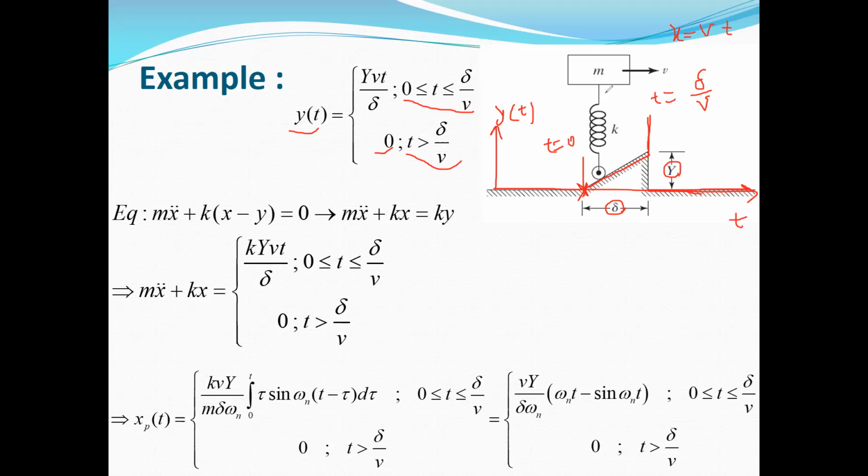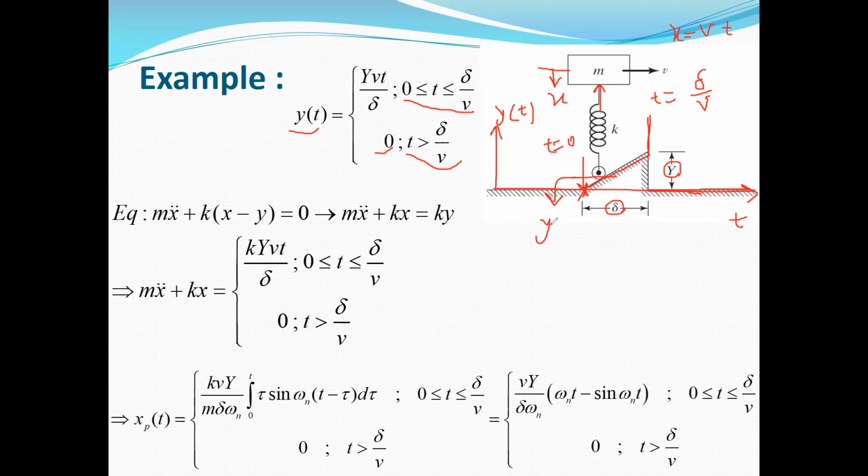If you use Newton's second law in the vertical direction and plot the free body diagram for this mass m, we will have the force due to this spring here, which is equal to k times (x minus y), where x is, for example, in this direction, or it can be in the upward direction, and this is y, the position of the lower edge of the spring.